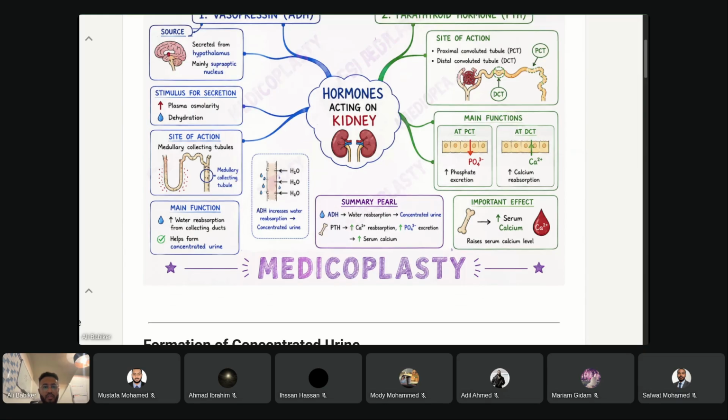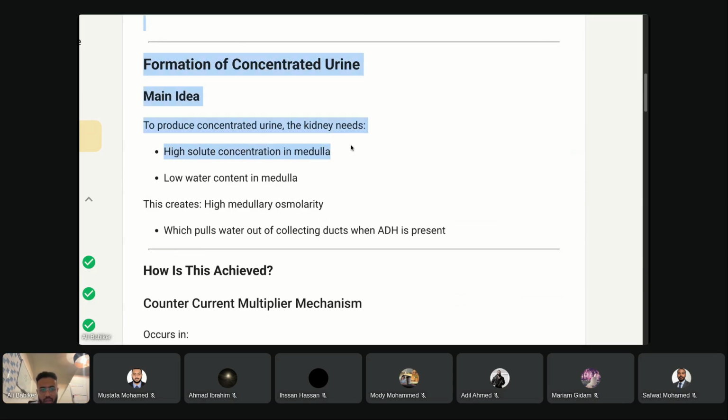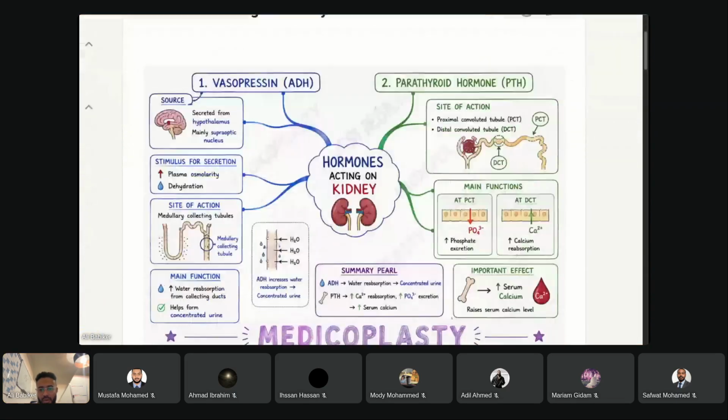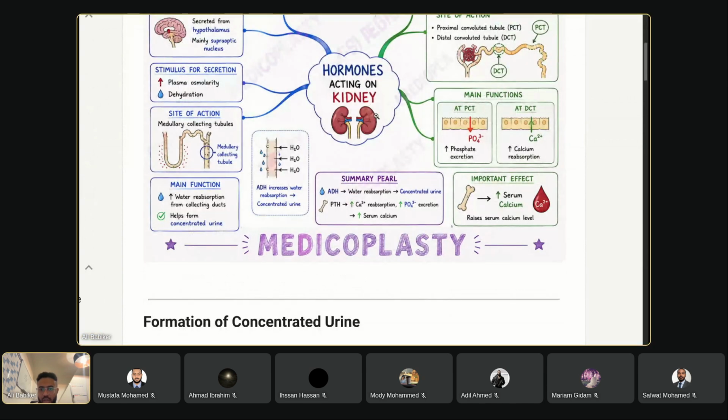Formation of concentrated urine. Main idea: to produce concentrated urine, the kidney needs high solute concentration and low water content in the medulla. So you have the tubules starting from the cortex, going down to the medulla.